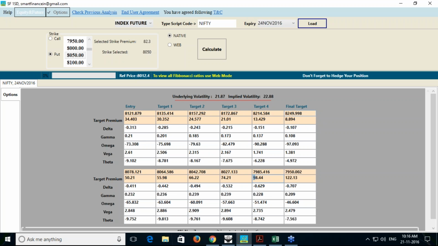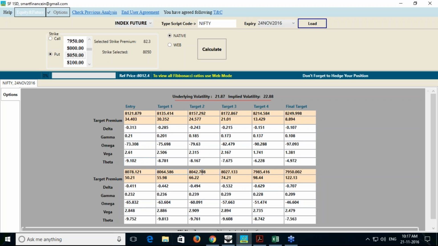The implied volatility is also 22.88 for that option. Delta, gamma, vega, all these things you have done. If we could have started the session quite earlier, we could have seen these things, and if you have the software, you can initiate this particular trade. So this is how you should choose a strike.